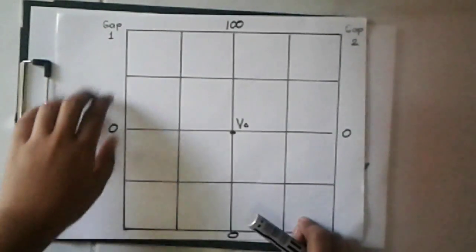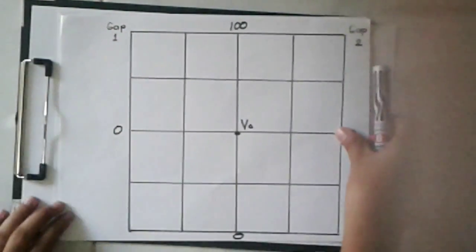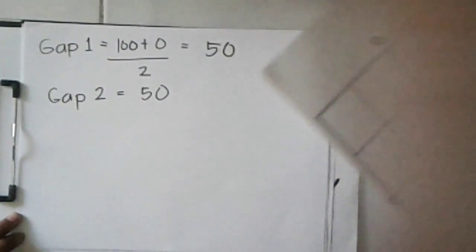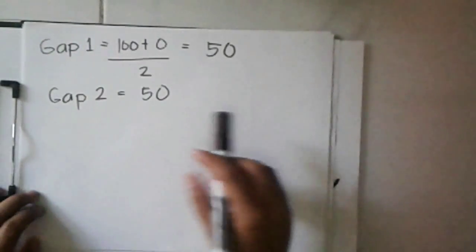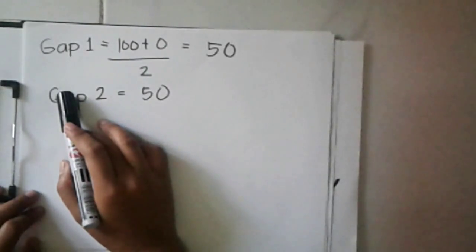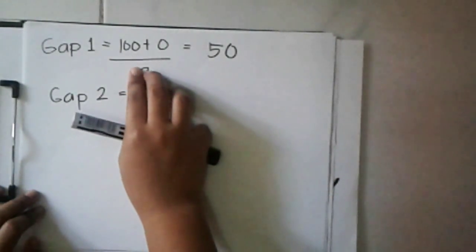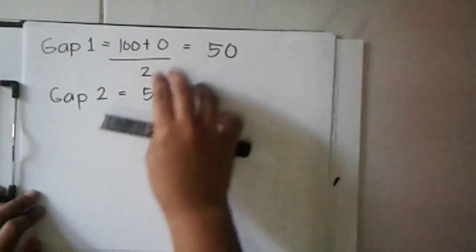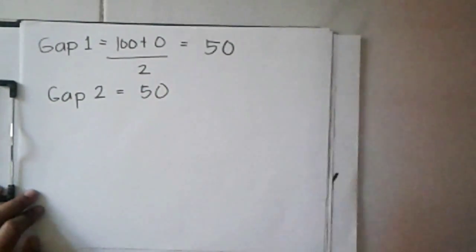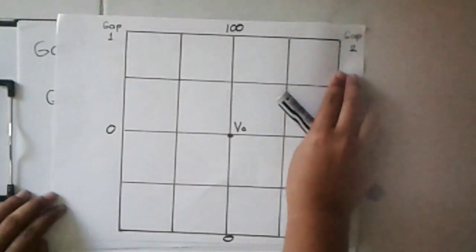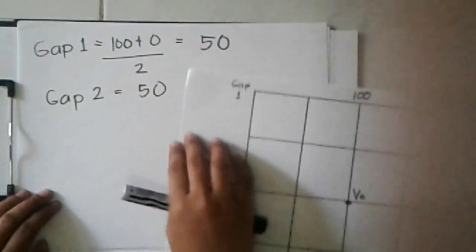The better the estimate, the shorter the solution. First, we find the value of both gap 1 and gap 2. In order to find the value of gap 1, we should consider the potential at the top, which is 100, and that of the side, which is 0, then divide it by 2. Then we will have 50. Since gap 1 and gap 2 are in symmetry, we have the value of gap 2 as 50 as well.